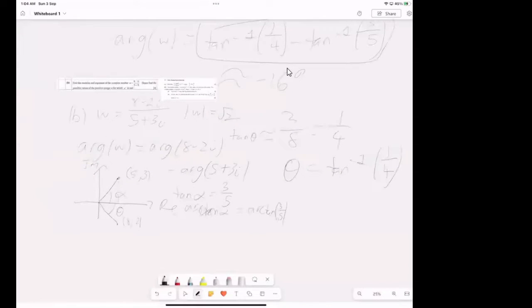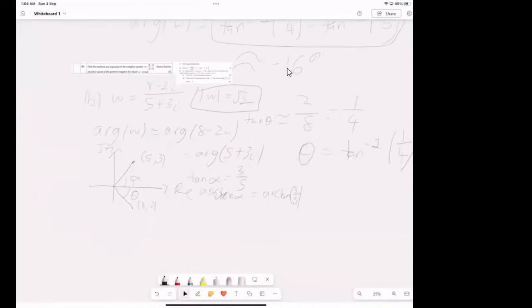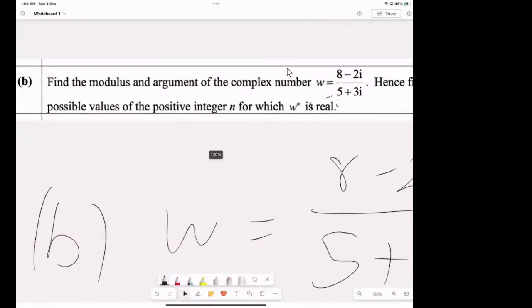So now that we have the argument of W and the modulus of W, now we do the real deal of this question, because this question is quite interesting. So now we want to find the possible values of the positive integer n for which W to the power n is real.